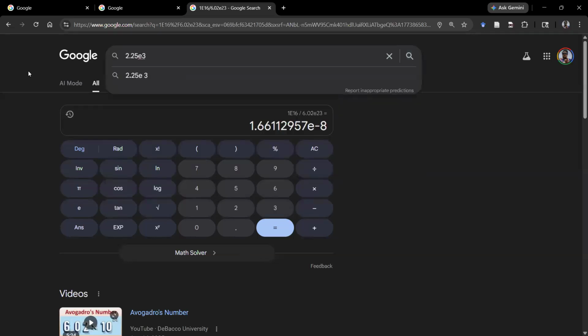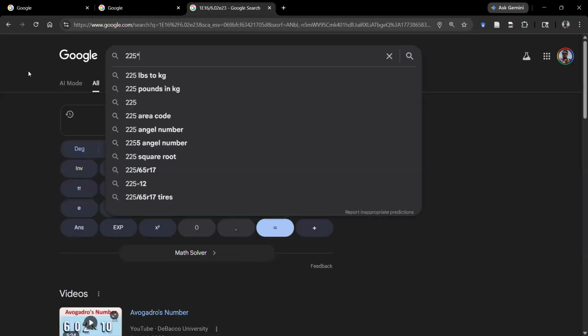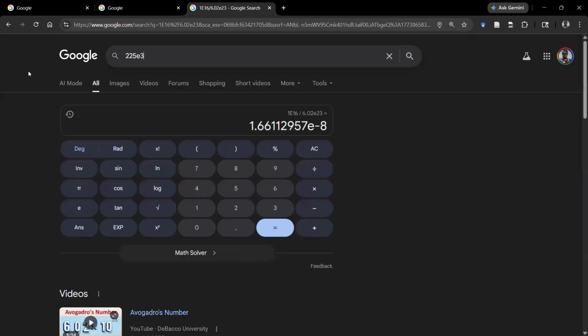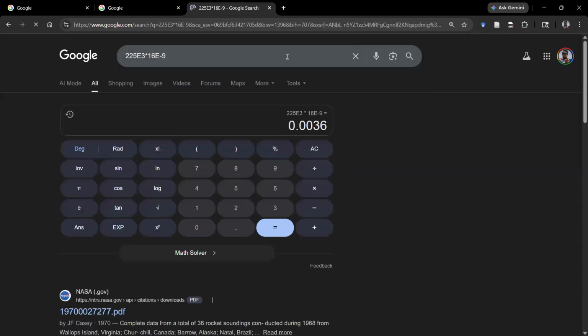That's 225 kilowatts, that's 225 times 10 to the 3. And then we're going to multiply it by the number of moles we have, which is times 16 E minus 9.